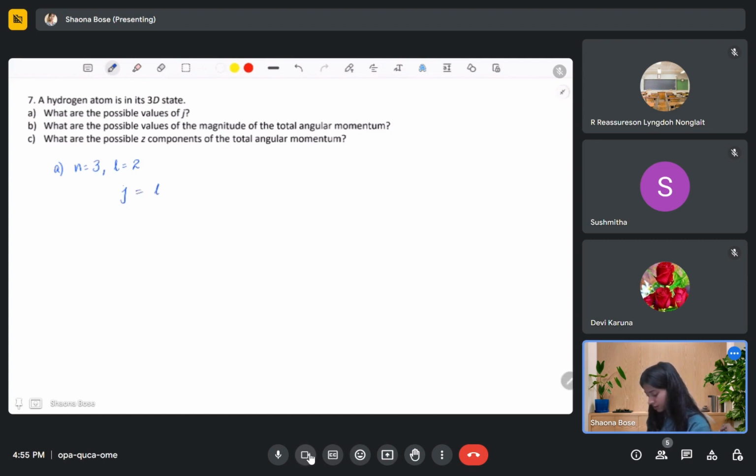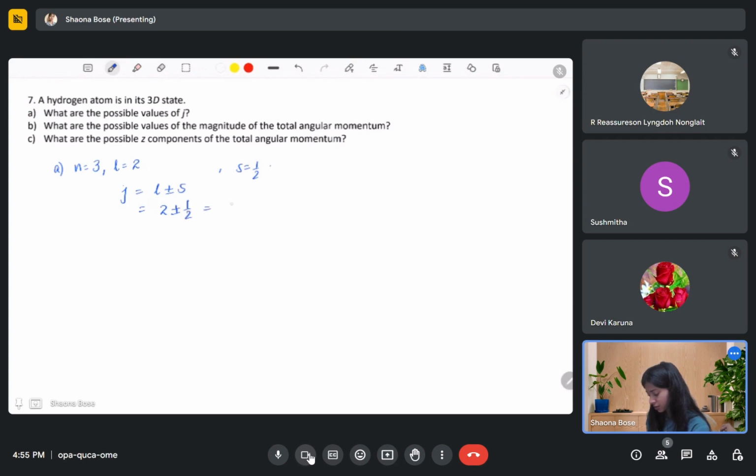Okay, so possible values of J. L plus minus S. S is half. We're not talking about 2 electrons and all here, so we don't need to bother about the total S and all.